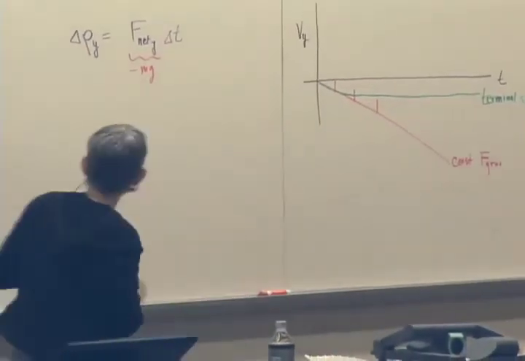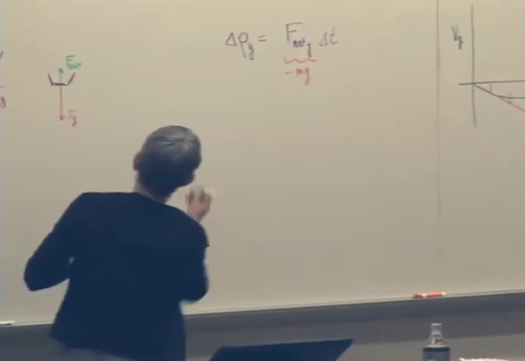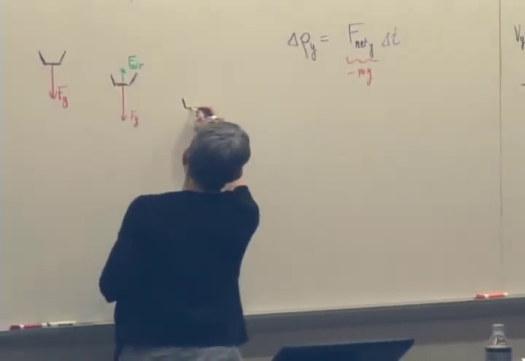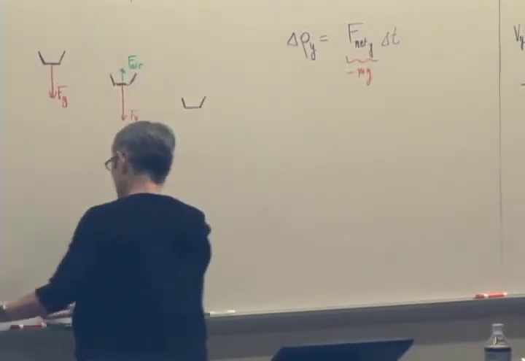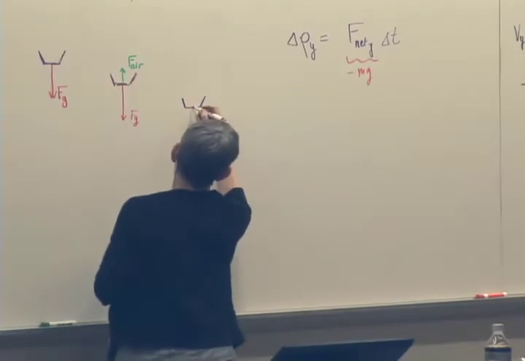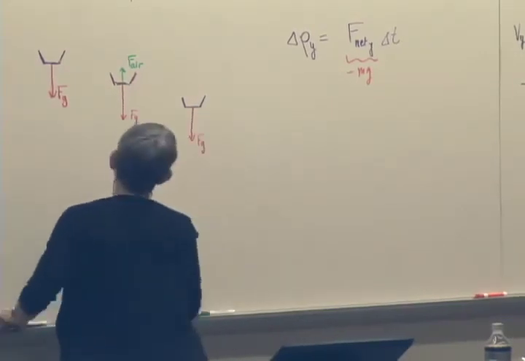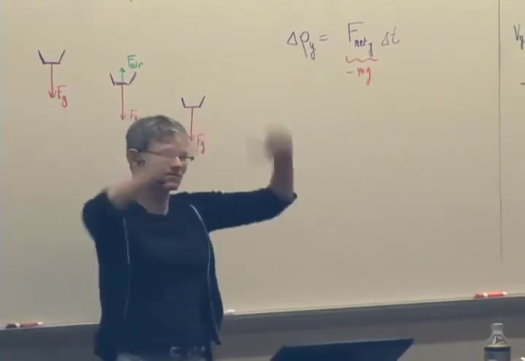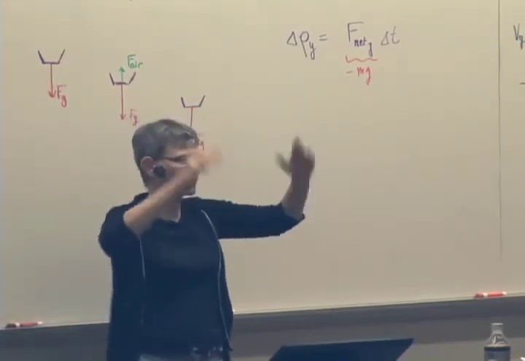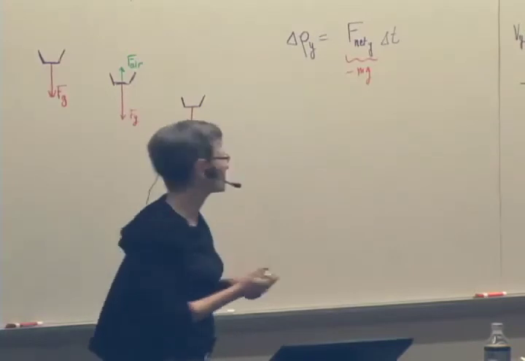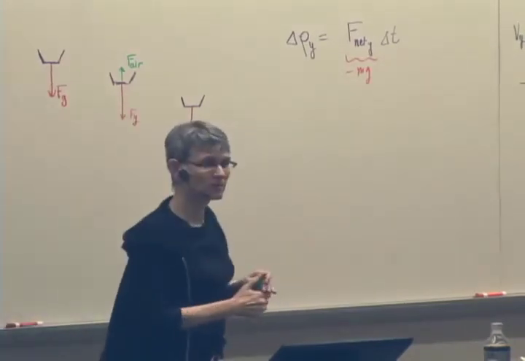So we'll take a snapshot and look at the next delta t. Now, of course, the gravitational force hasn't changed, but because it's going faster, it's running into more air molecules, and so, in fact, this air force got bigger, didn't it?